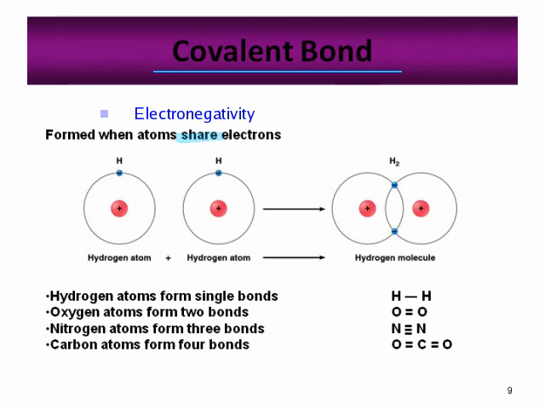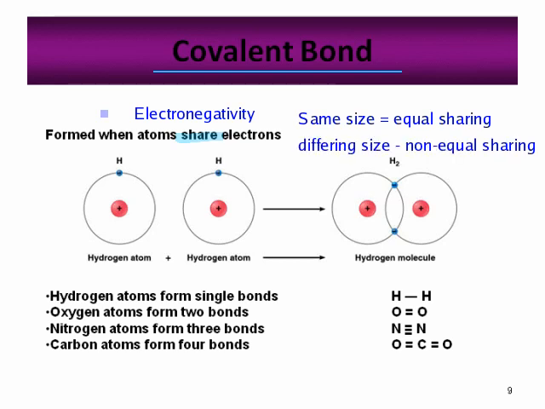If the atoms are the same size, you have equal sharing. If the atoms are not the same size, you are going to have unequal sharing. Same size, equal sharing. Differing size, non-equal sharing.